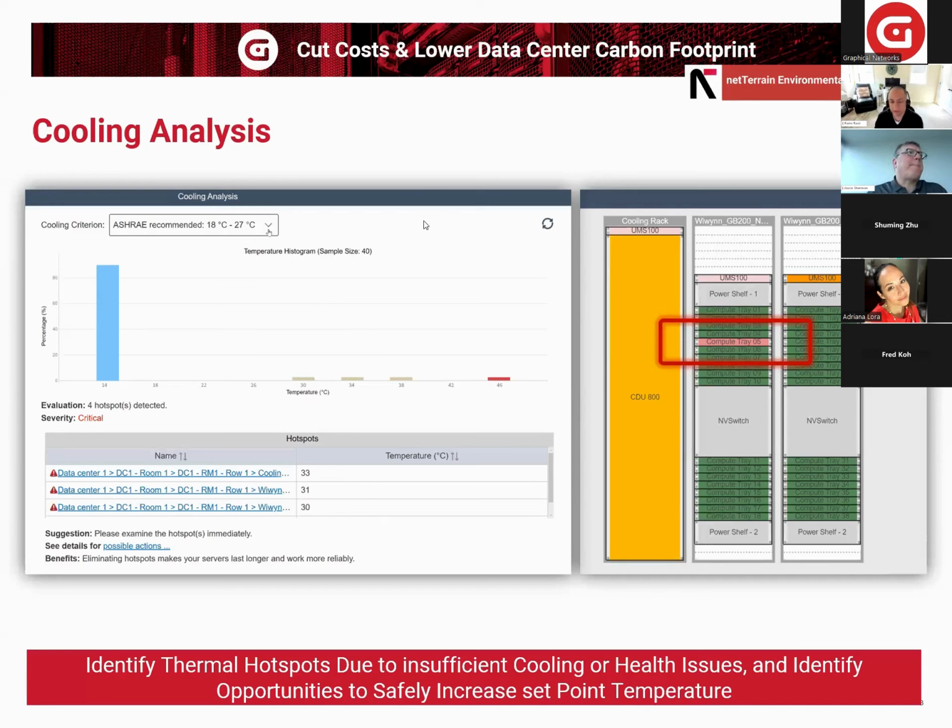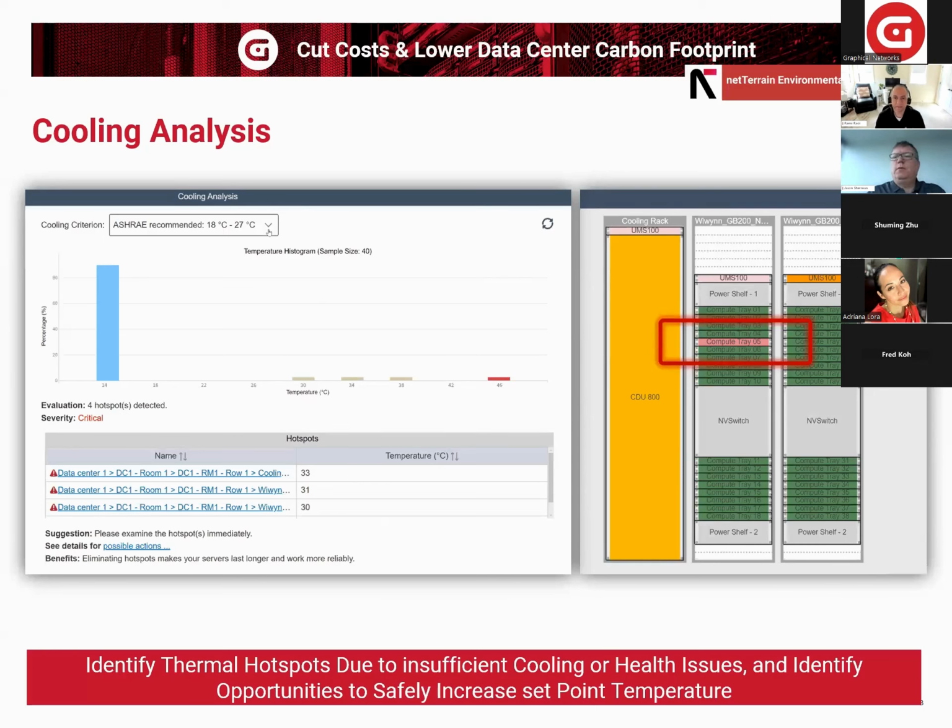So you know that it's a health issue, essentially, not a cooling issue. And if you double click on that, you can see that, for example, there's a leak in the liquid cooling piping to that particular server.